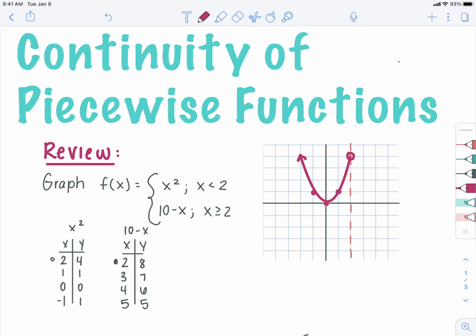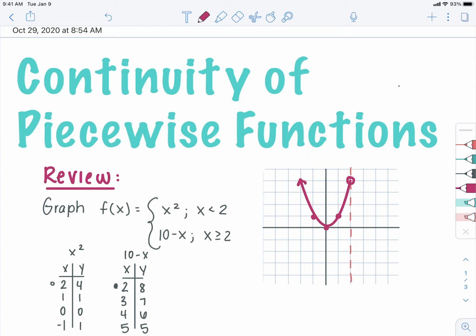And then I also get 2, 8, which is lovely. Doesn't fit on my graph, it's all the way up here. 3, 7, it's like up here. Coming down. 4, 6, 5, 5. Good thing I'm good at using my imagination.